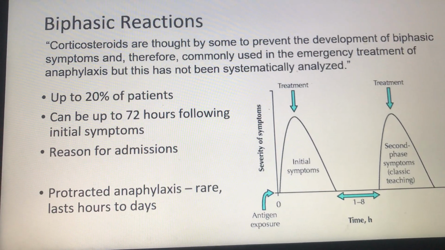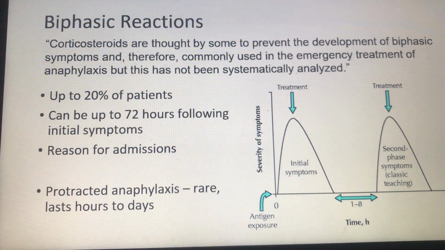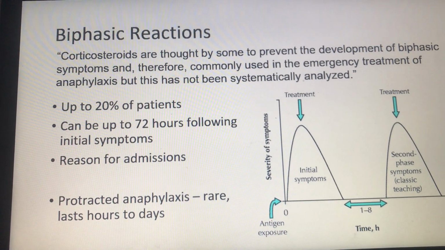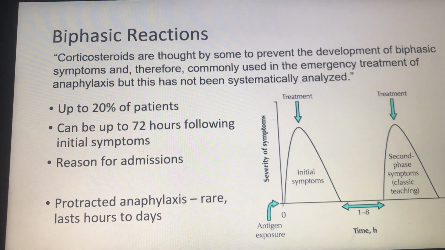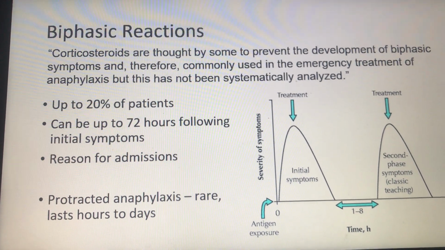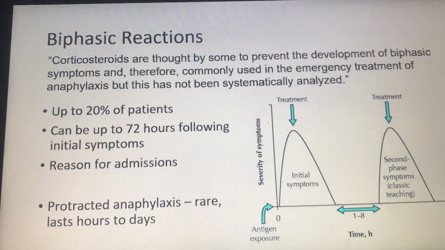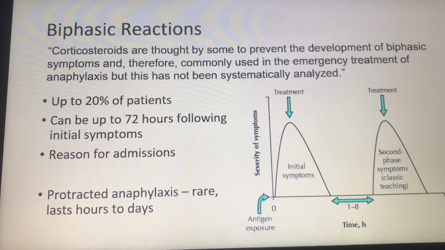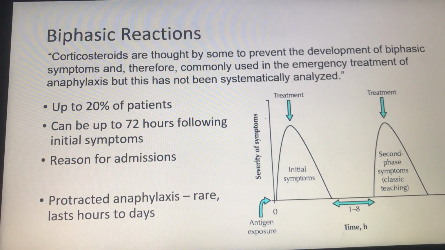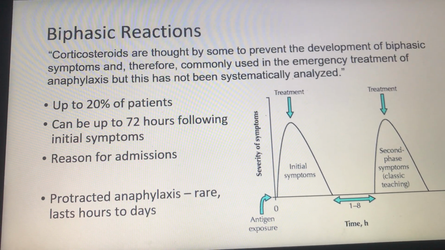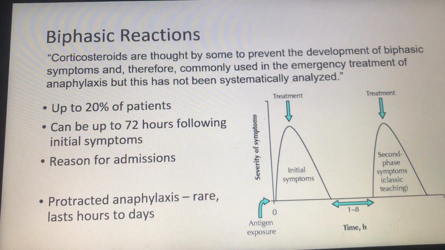Biphasic reaction. Corticosteroids are thought to prevent the development of biphasic symptoms. Biphasic actually means that the patient has been treated for anaphylaxis for a period of time, then the symptoms resolve, and after like 2 to 3 hours, they come back again with symptoms of anaphylaxis.